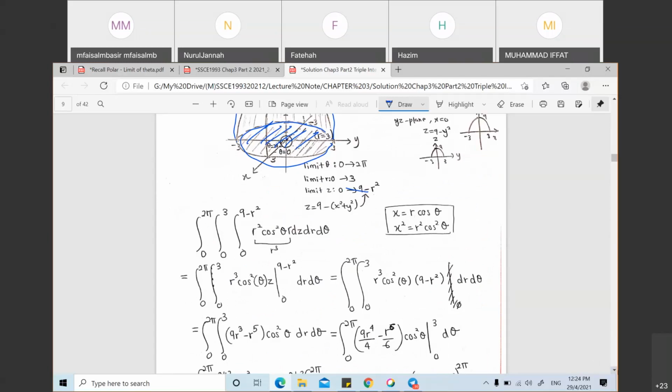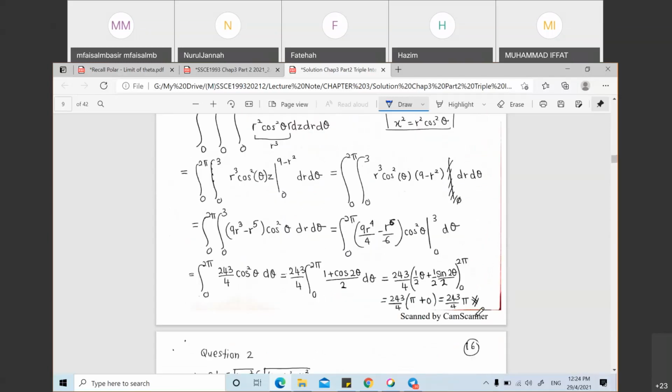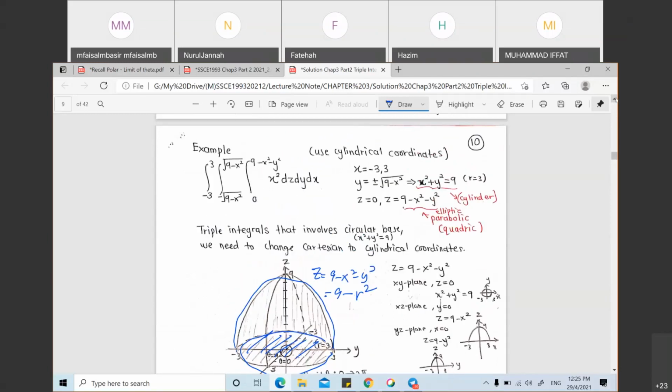And the others are just manipulation. Okay, understand for this case? Understand?